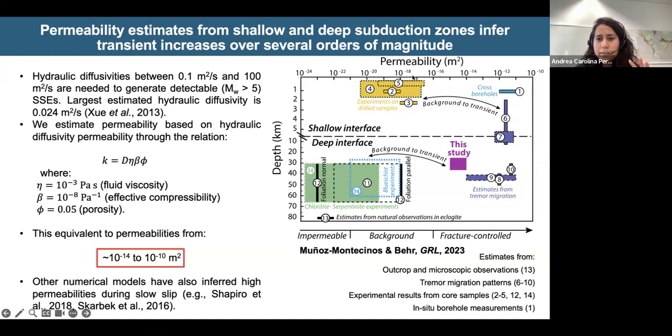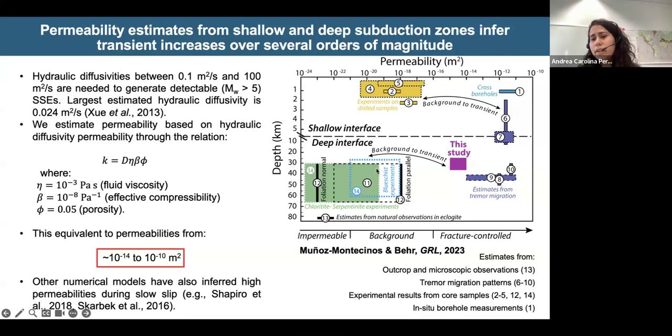What they show is that there's a background permeability on the order of 10 to the minus 10 to 10 to the minus 18 meters squared per second for shallow SSE environments. And for deep SSE environments, we see even lower permeabilities of 10 to the minus 20 to 10 to the minus 24.